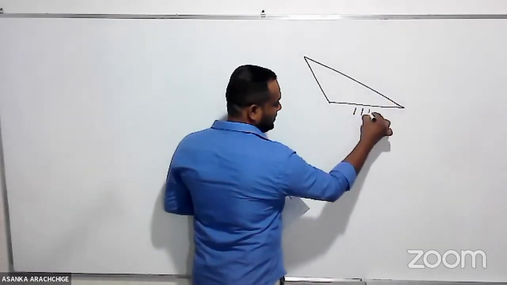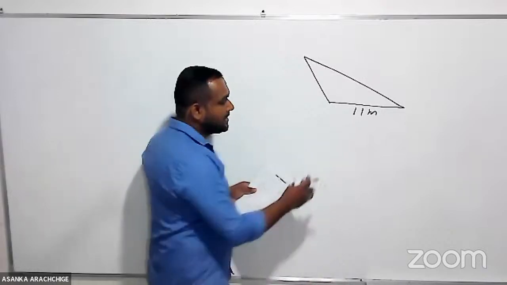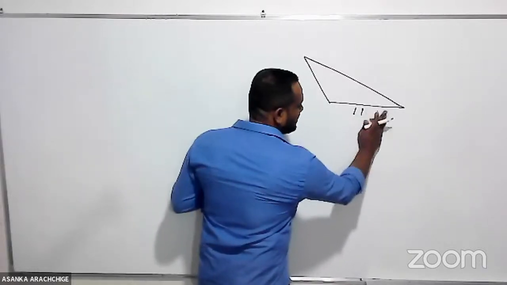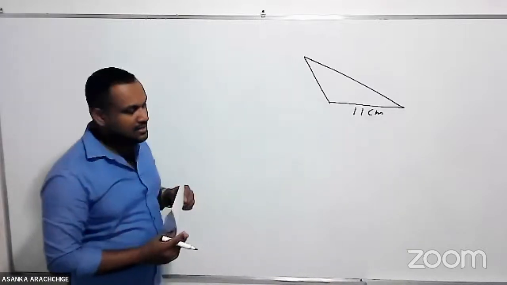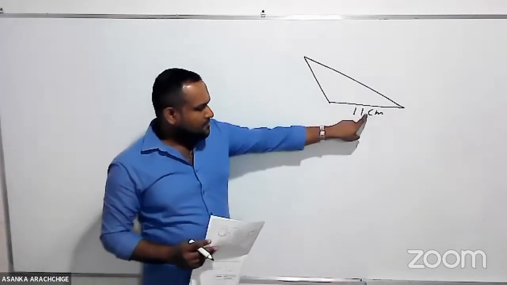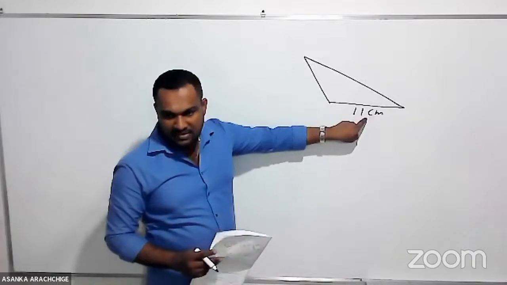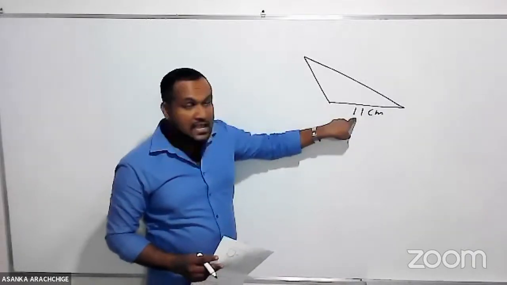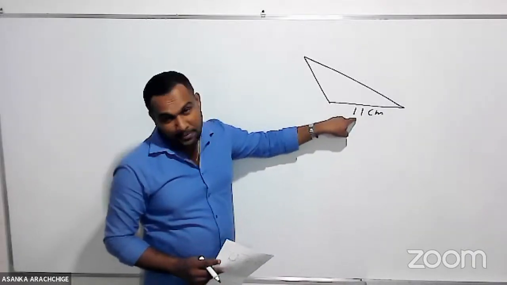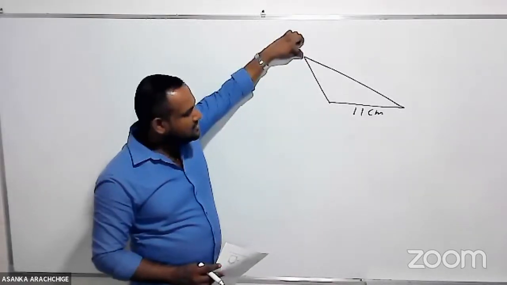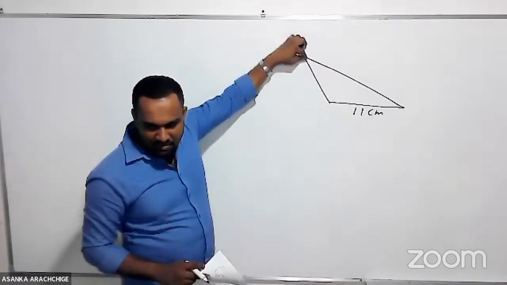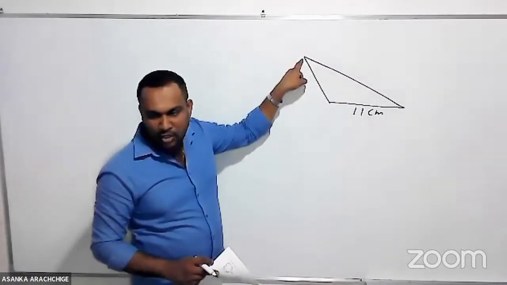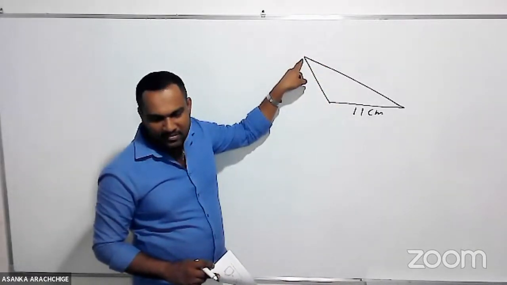This is given to be 11 centimeters. So, now we have to consider, we have to take this as the base, no? But the problem, then this is the vertex opposite it. If you take this as the base, this is its opposite vertex, isn't it?